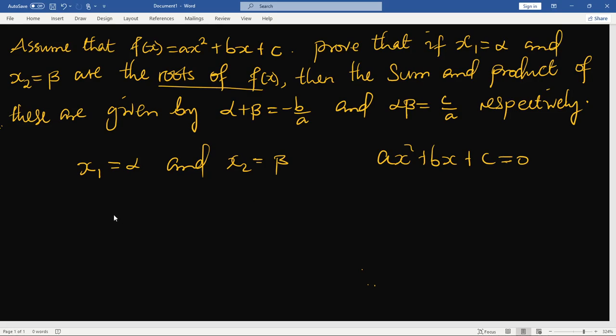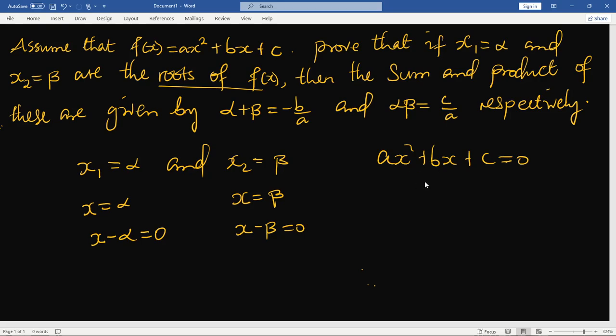I'm going to say this is x = α and also x = β. Now, remember when you're solving a quadratic equation, if we push the α the other side of the equal sign, we're going to have x - α = 0. Then we also push the β the other side, and we're going to have x - β = 0.